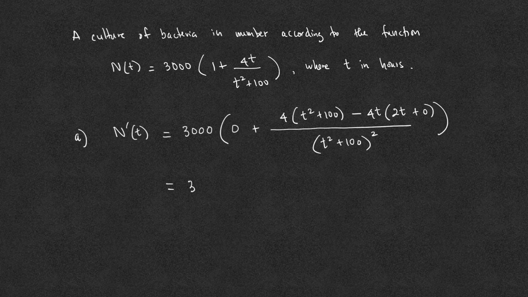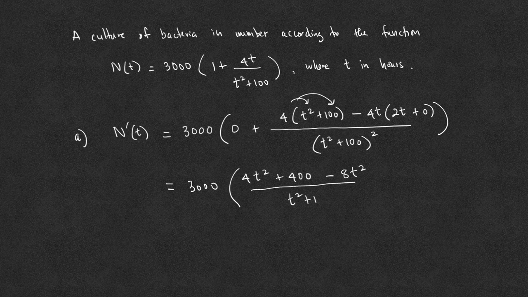Simplifying this, we have 3000 times 4t squared plus 400 by distributing the 4, minus 8t squared, and then over t squared plus 100 squared.